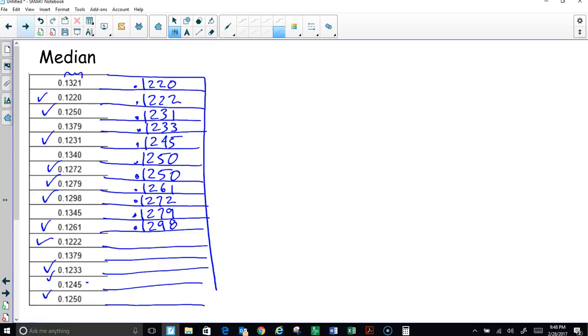So I'm going to go 0.1321, 0.1340, 0.1345, and then 0.1379 shows up twice as well. Interesting. And that should be everybody.